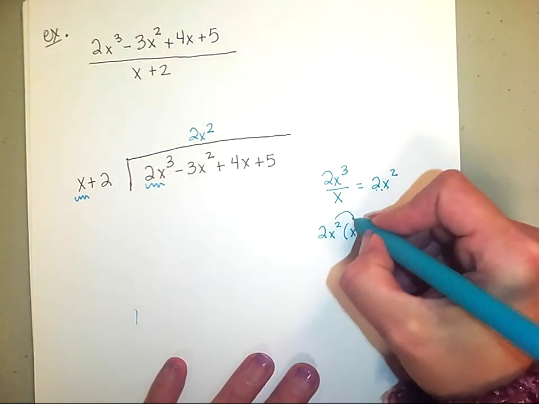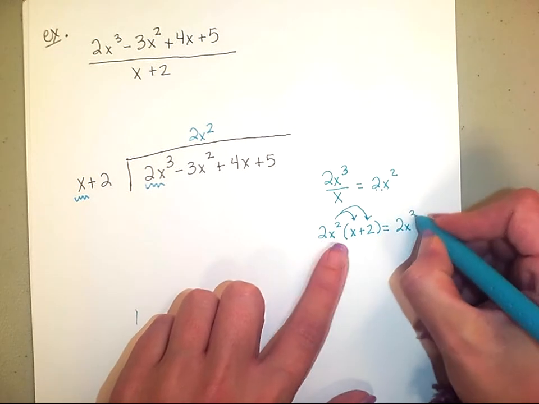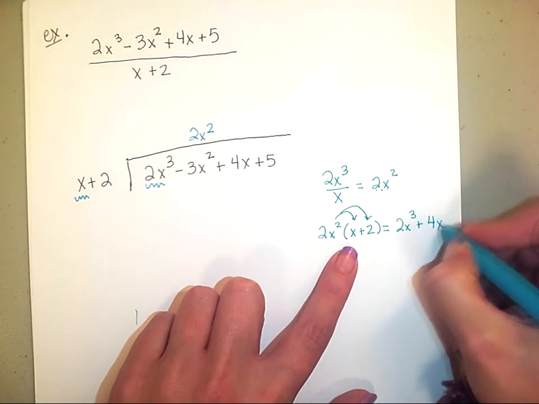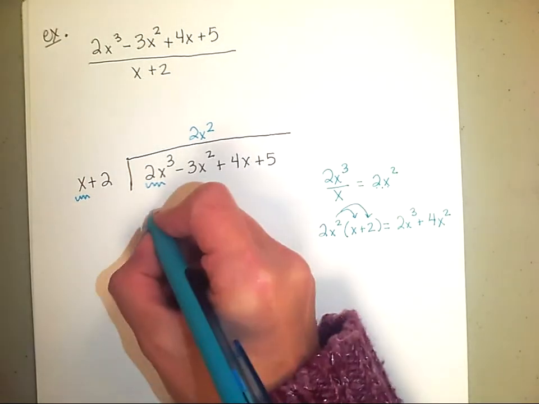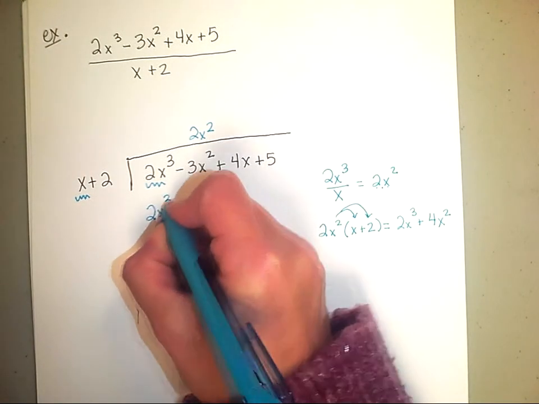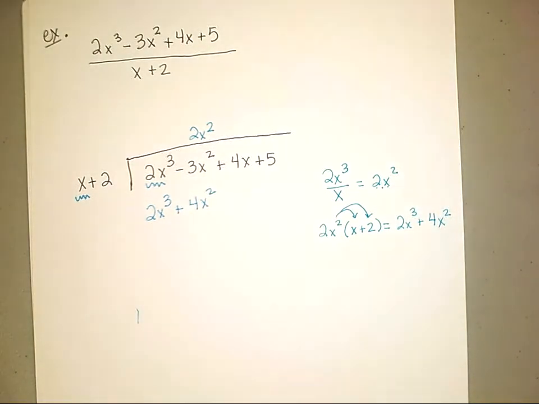Now let's simplify that, and as we distribute, this becomes 2x cubed plus 4x squared. And that's what we write down here. 2x cubed plus 4x squared.